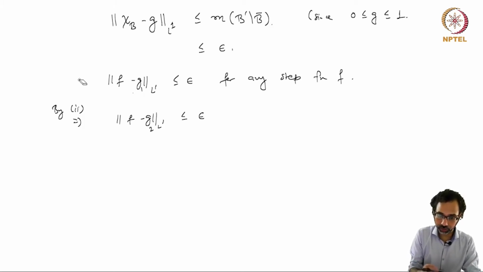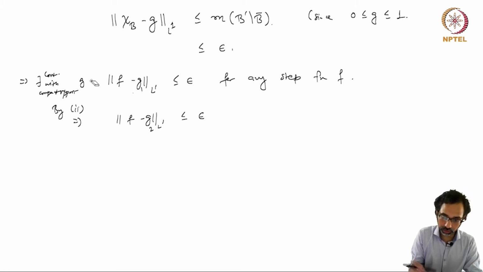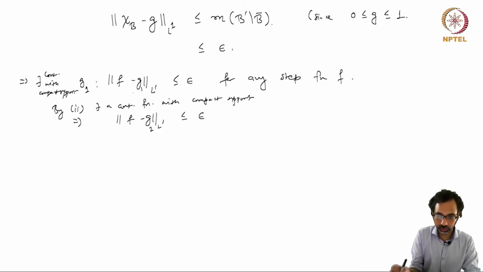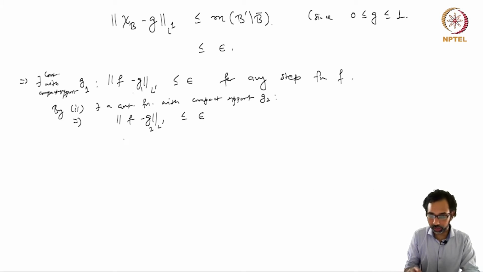Here there exists a continuous function with compact support g1 such that this happens, and there exists a continuous function with compact support g2 such that f minus g2 has L1 norm less than or equal to epsilon when f is a general L1 function.